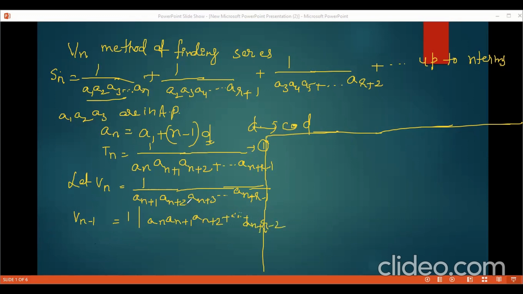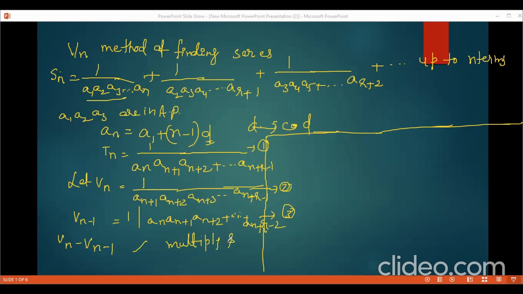So whenever you have these kinds of equations, in order to get our formula, you just do Vn minus 1. I'm not doing the complete derivation, I'm just giving an idea.